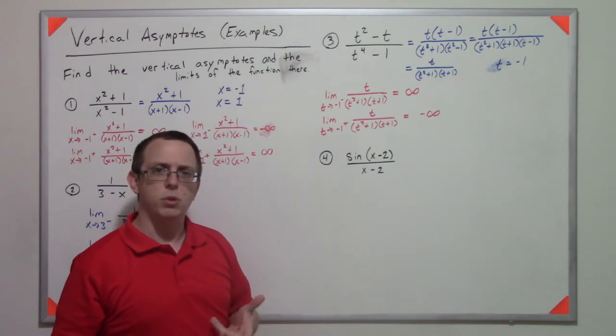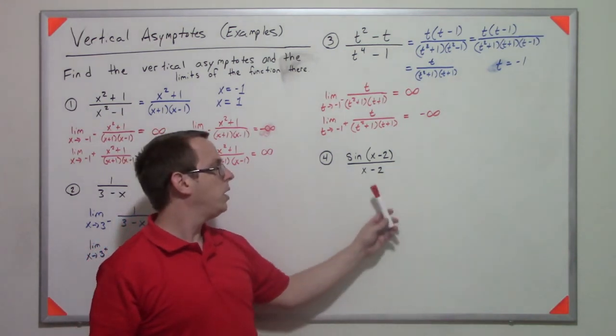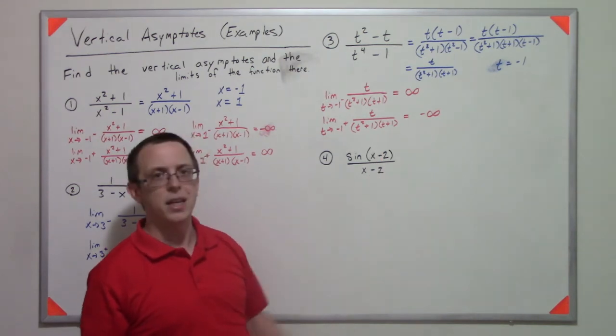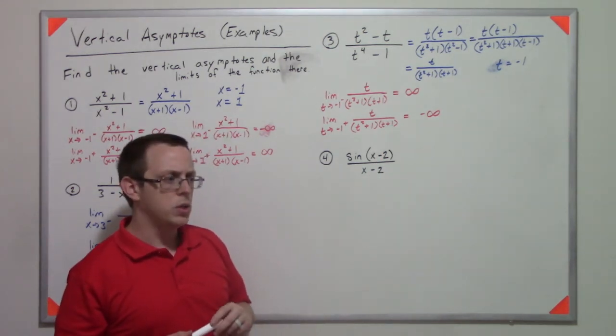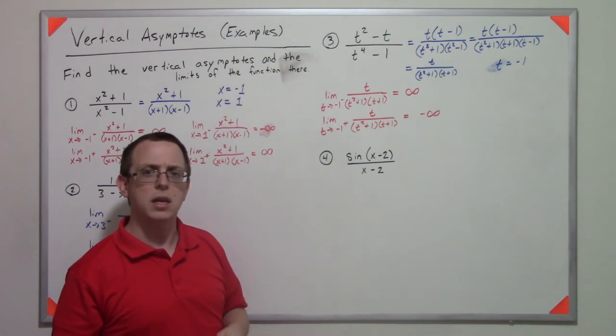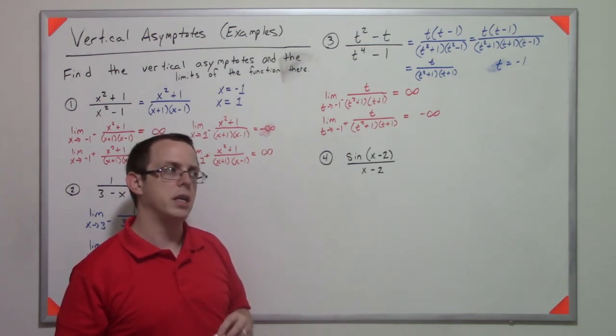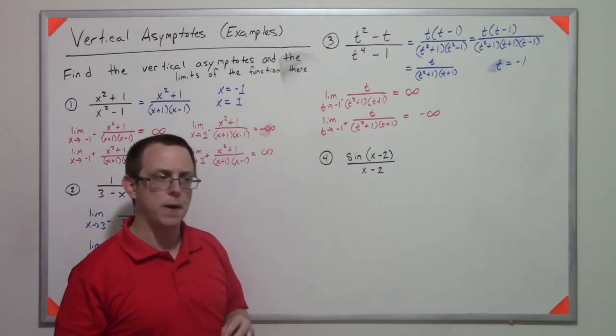So we have an issue because when I plug in 2, it's 0 on the bottom and on the top. So I can't just immediately determine whether or not this is an asymptote.